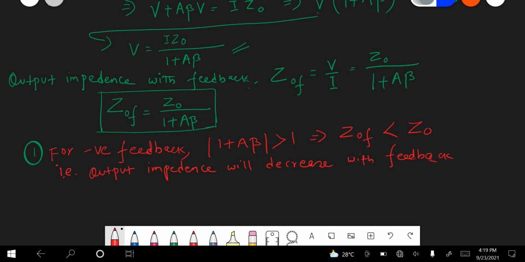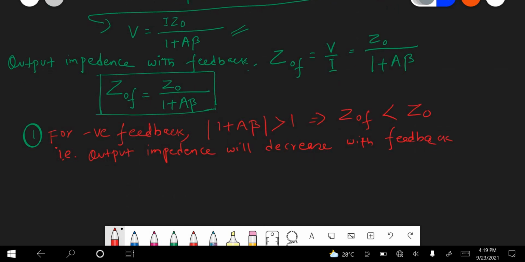Similarly, if we consider positive feedback, number 2, for positive feedback, this 1 plus A beta is less than 1. This gives ZOF is greater than Z0.